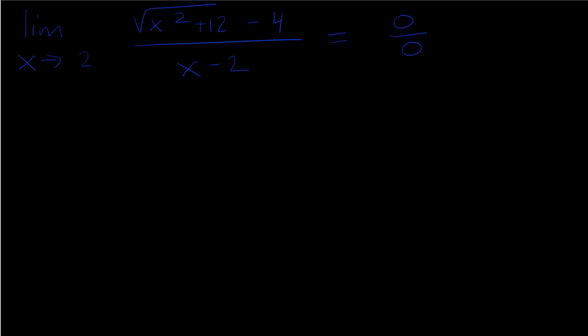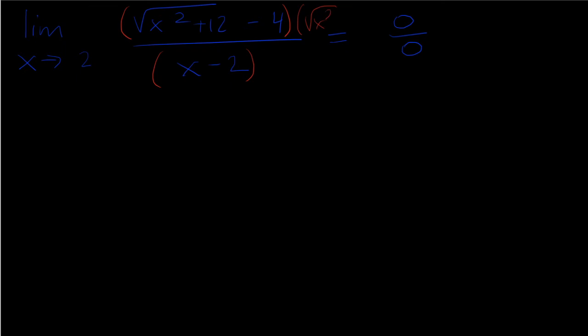Let's try a similar one. We have the limit as x approaches 2 of (square root of x squared plus 12, minus 4) over (x minus 2). If I plug in x equals 2, I'm going to get 0 over 0. So that means I better multiply the top and the bottom by the conjugate of the top.